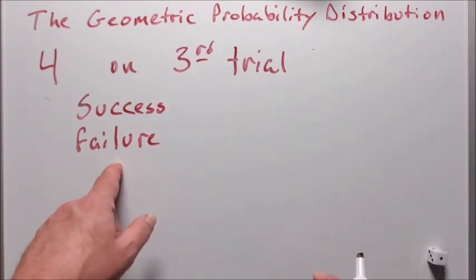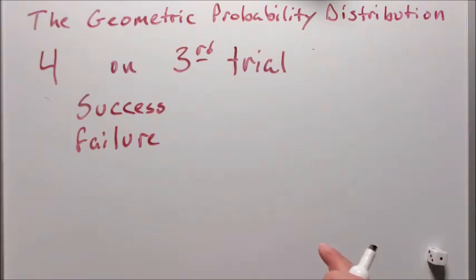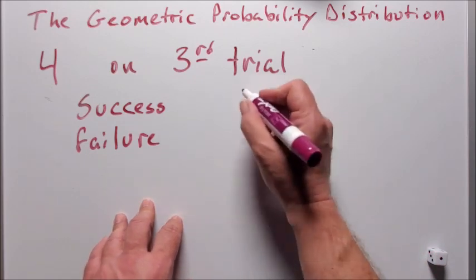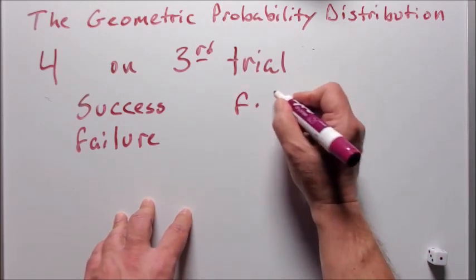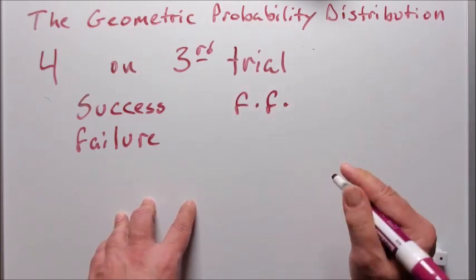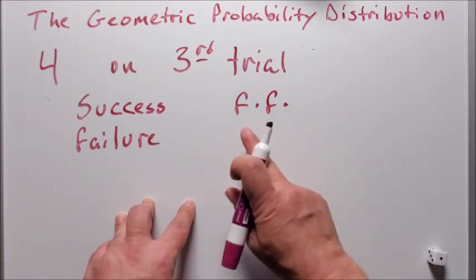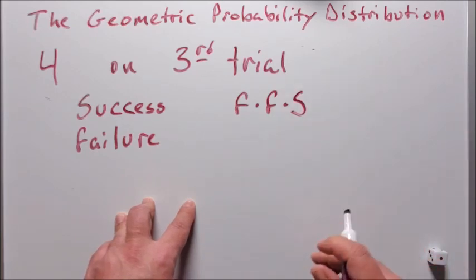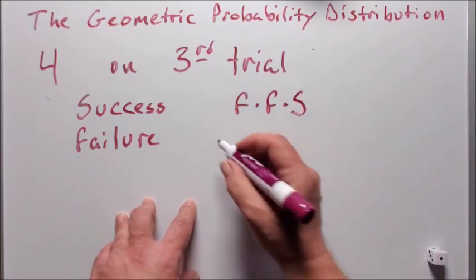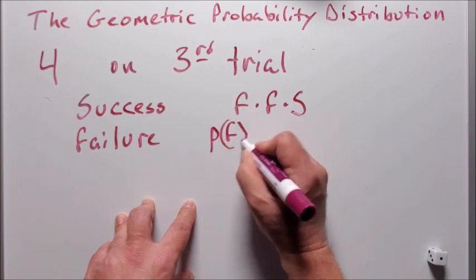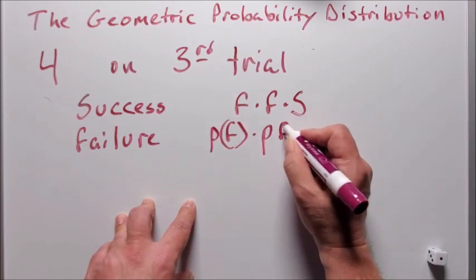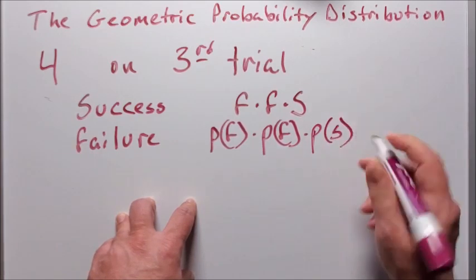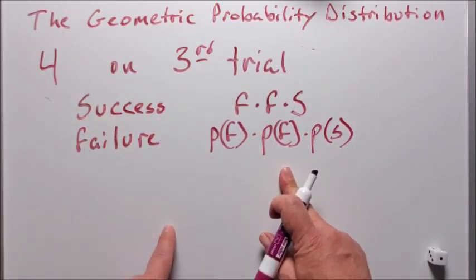If you got a success before that, you wouldn't be getting your first one on the third trial, by definition. So we are obligated to understand that we have a sequence being implied by the question, by the bet, of failure, failure, success. So what we need to do is take the probability of failure and multiply it times the probability of failure again, and then the probability of success, to come up with the probability that such a thing would happen.